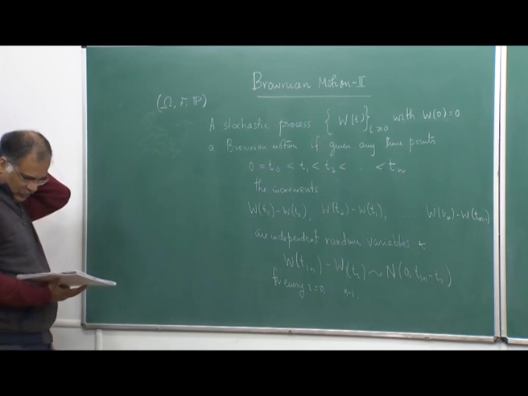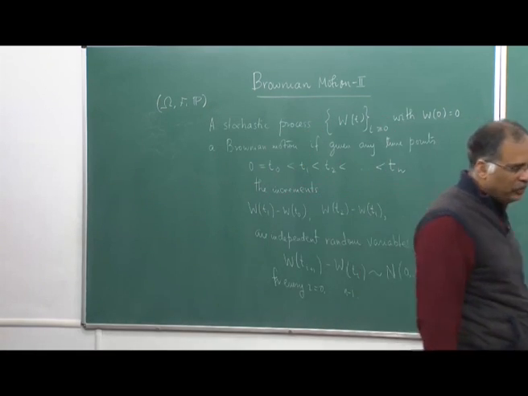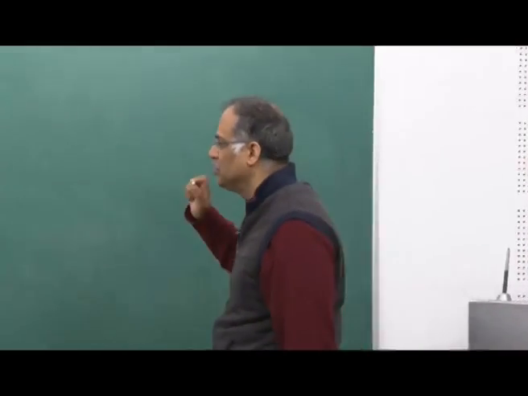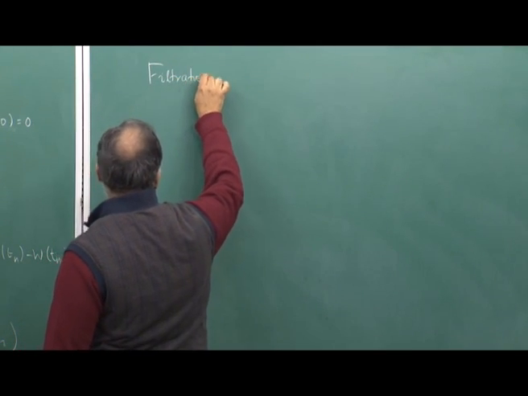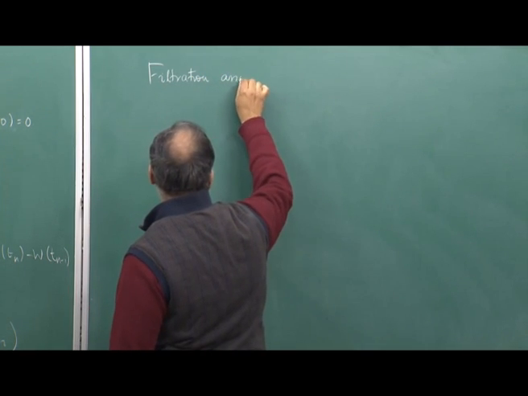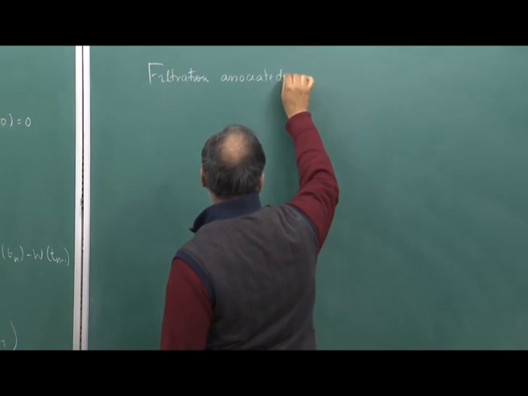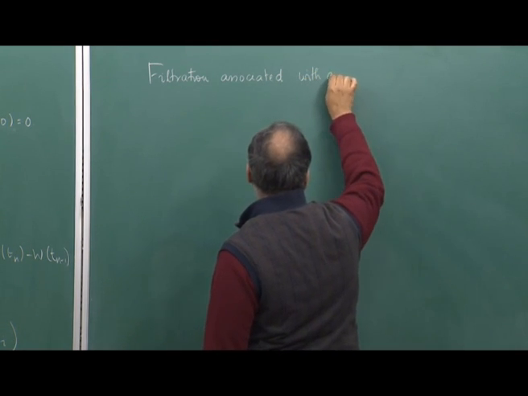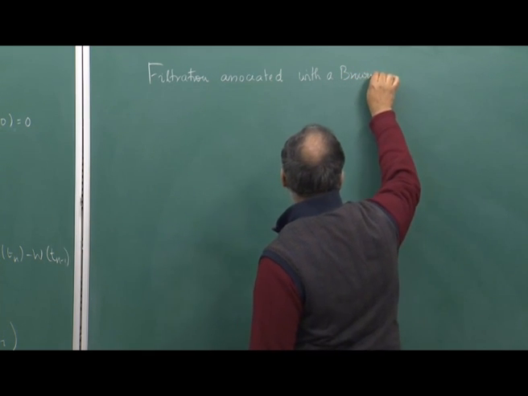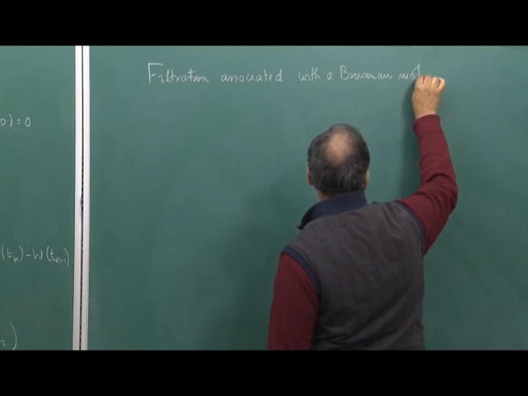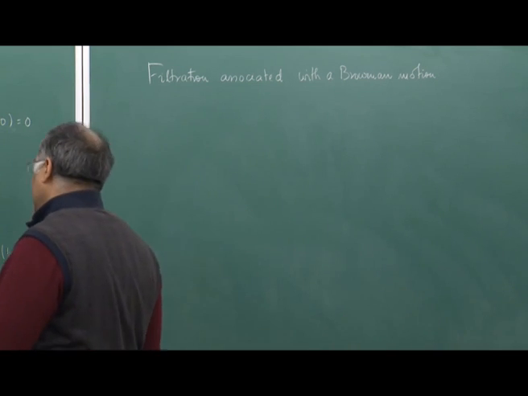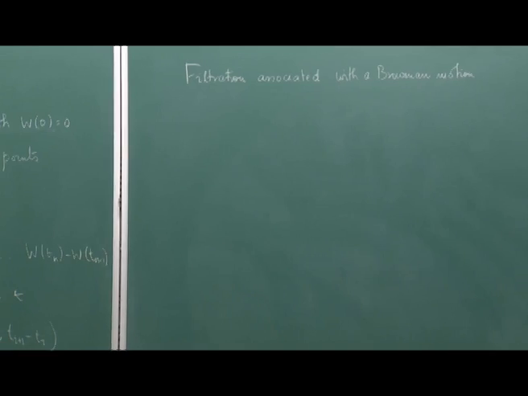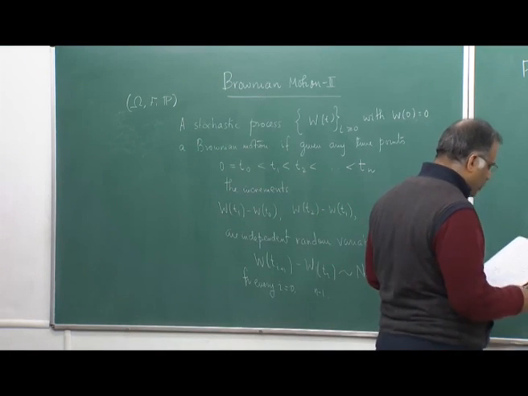So, now we will introduce, if I want to define a filtration associated with a Brownian motion, how do I do it?